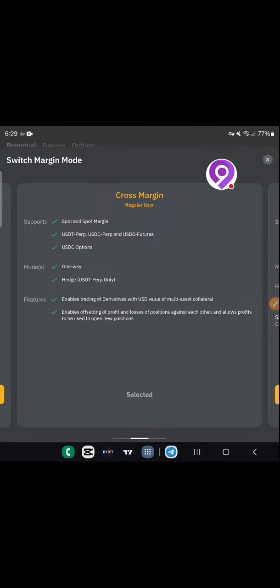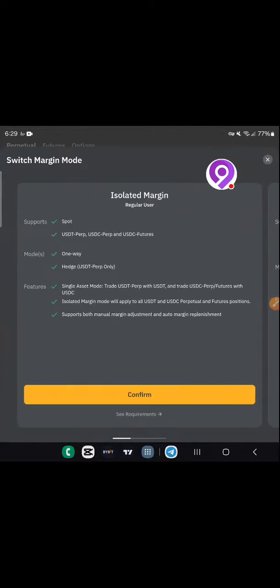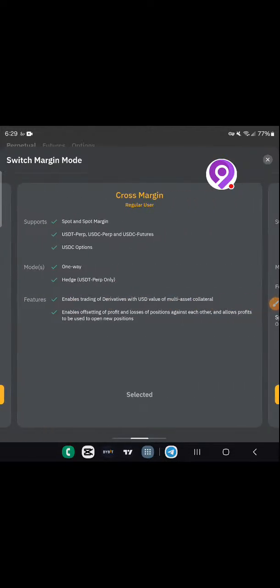The only difference between the two is that on isolated margin you are very close to liquidation, while for cross margin you are very far from liquidation. But sometimes the market can go crazy, and who says you can't just lose everything just like that? Because cryptocurrency is very, very volatile. Just note that, and you need to take this into consideration.